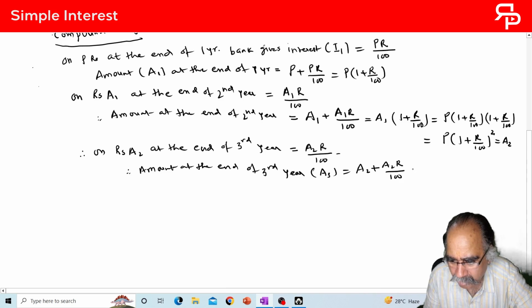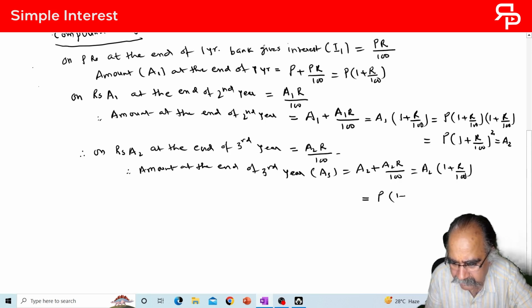If I take A2 common, you'll get 1 plus R upon 100. Now A2 is P into 1 plus R upon 100 whole squared.